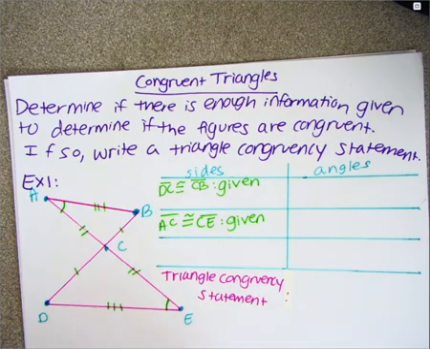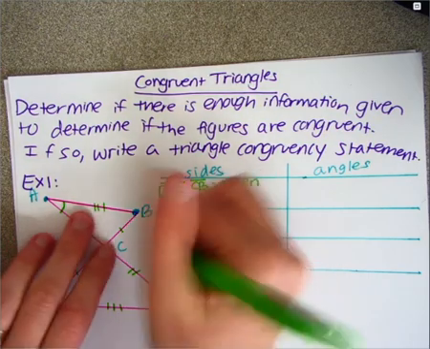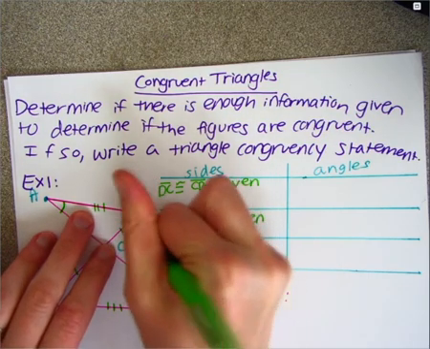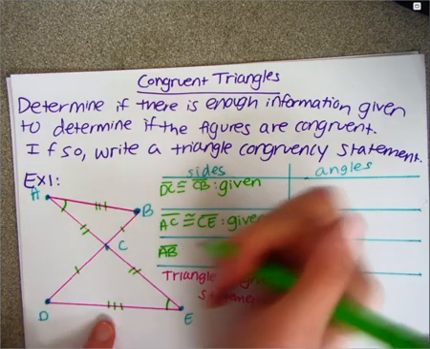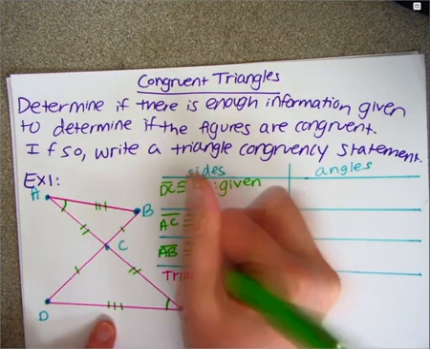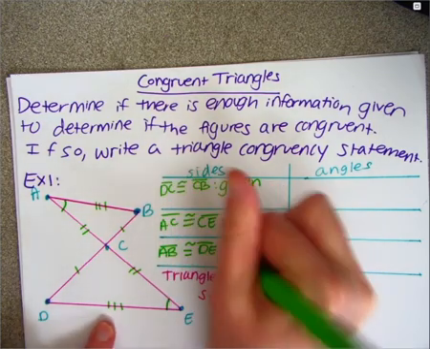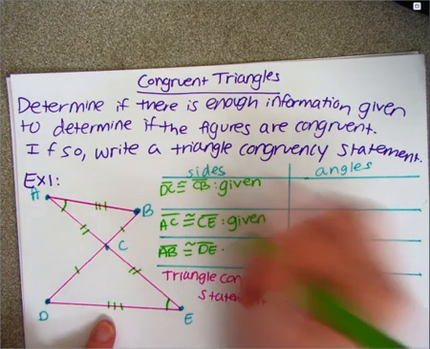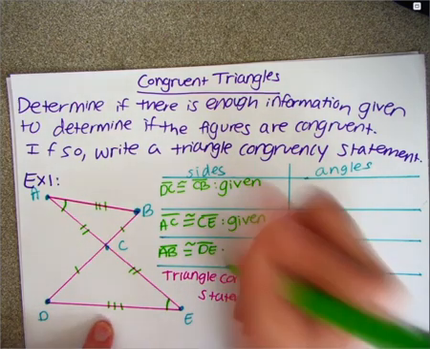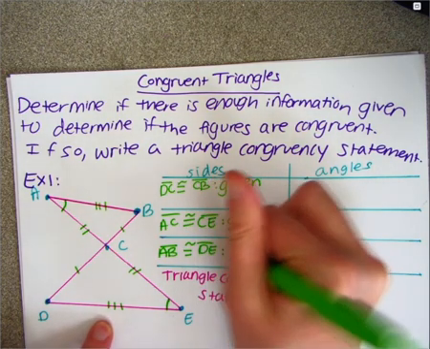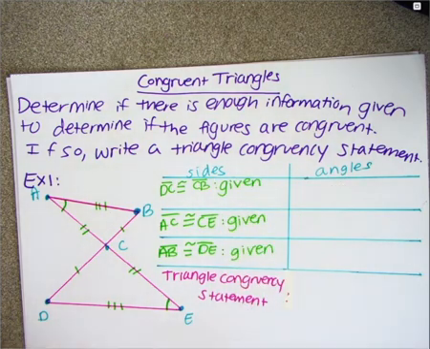All right, do you spot any other sides that are congruent? Indeed, you guys, indeed. I can say AB has three tick marks, and DE also has three tick marks. So AB is congruent to DE. And also, since it was marked in my picture, the reason would be it was given to me.